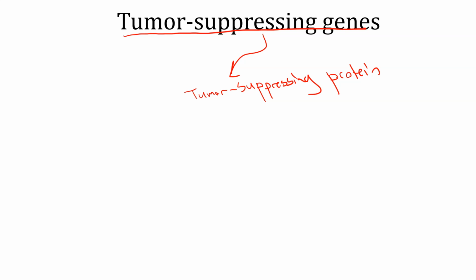And generally how cancer is formed, how it originates, is that something happens to one of these tumor suppressor genes, so that the tumor suppressing protein that's made from the gene is not working, and so cells that should have been shut down because they didn't meet all the criteria of the checkpoints are continuing to divide, and furthermore they are uncontrollably dividing.